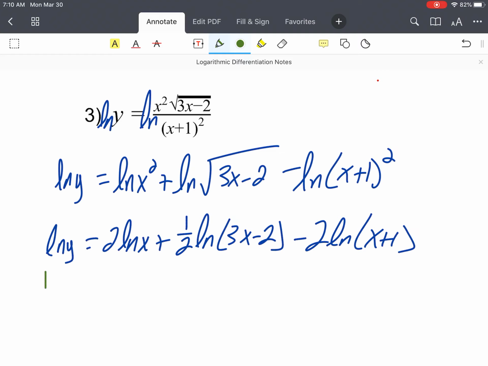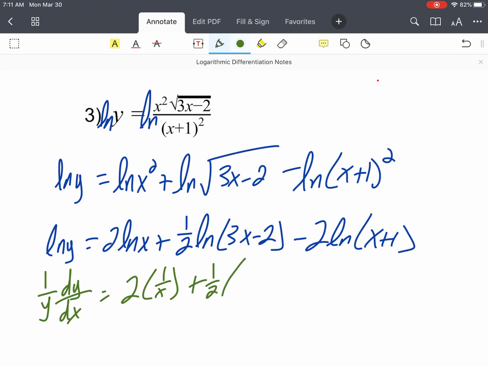Okay, so once we've completely simplified, let's take our derivative. So we have 1 over y dy/dx equals 2 times 1 over x plus 1/2 times, okay, put that 3x minus 2 on bottom, the derivative of it is 3, so put that on top, minus 2 times 1 over x plus 1.